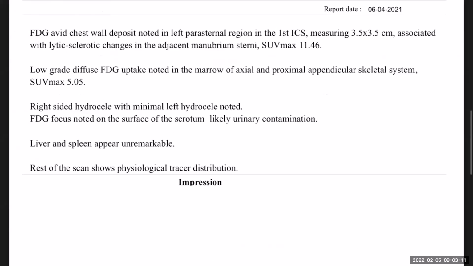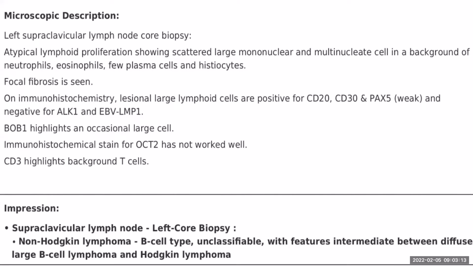Okay, so this is intermediate between DLBCL and Hodgkin. What is the typical morphology and IHC of a Hodgkin's lymphoma? In Hodgkin's lymphoma, the cancer cells are less than 10% of the overall specimen, from 0.1 to 10%, and they are surrounded by inflammatory infiltrates.